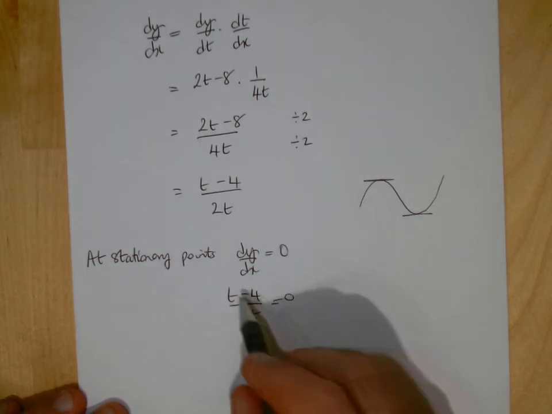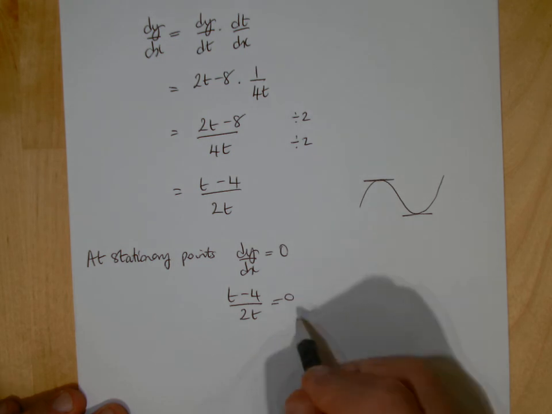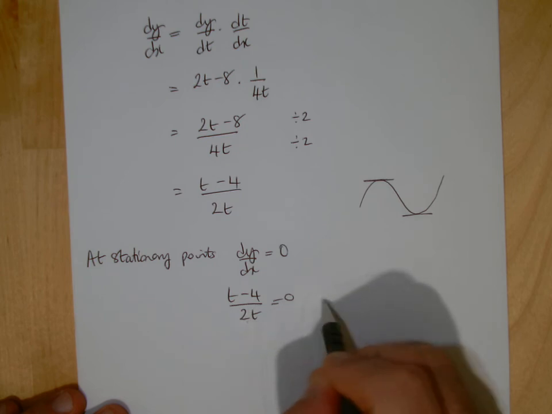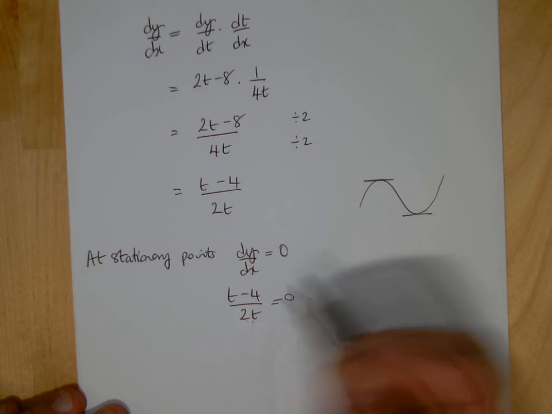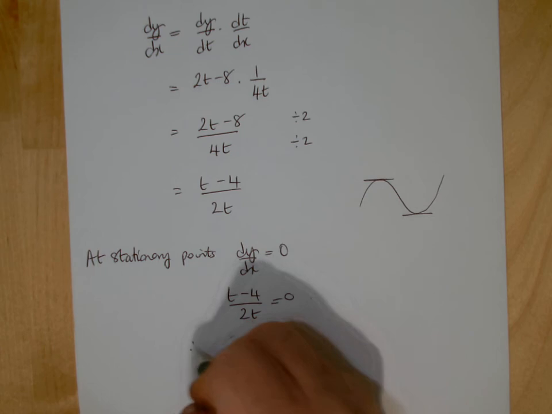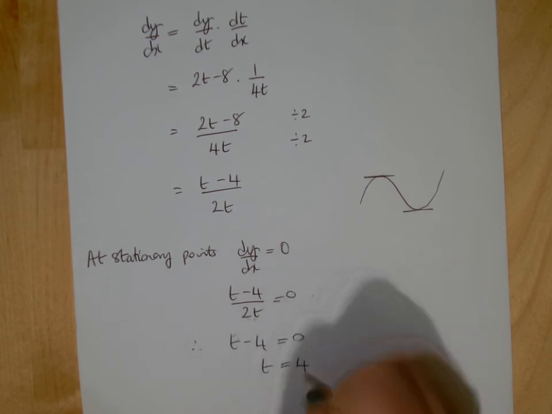And if that's the case, that means the top has got to equal 0 for the whole thing to equal 0. If you want, you can think of taking that 2t over the other side and multiplying, and 0 times 2t is just 0, so it disappears. So therefore, t − 4 is 0, so t is equal to 4.